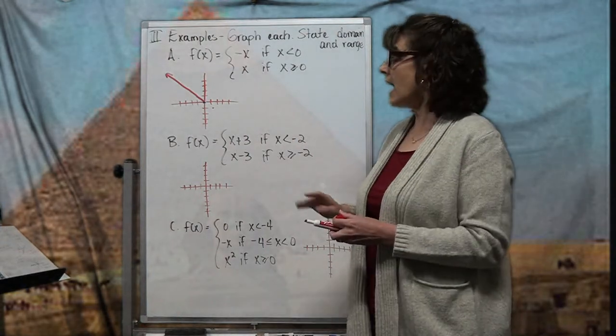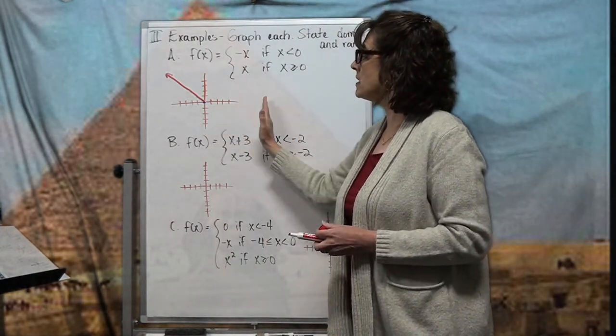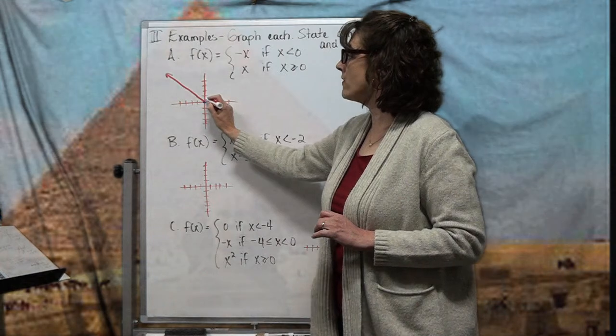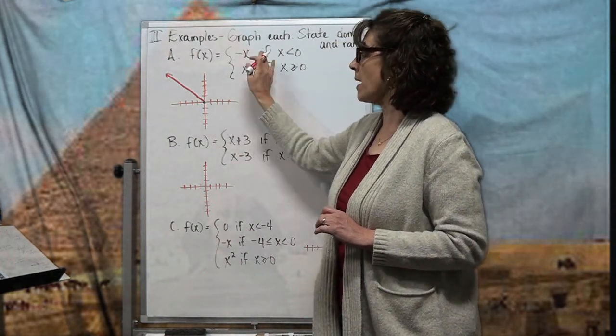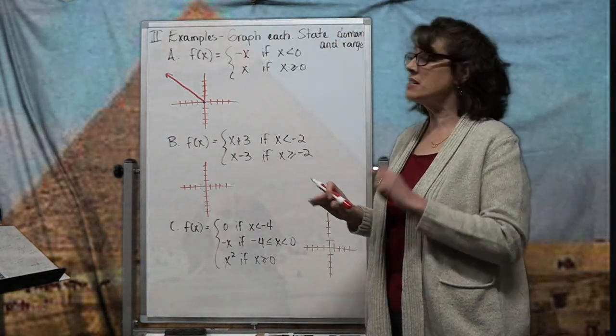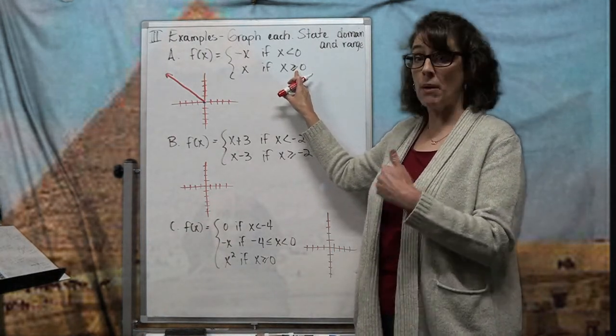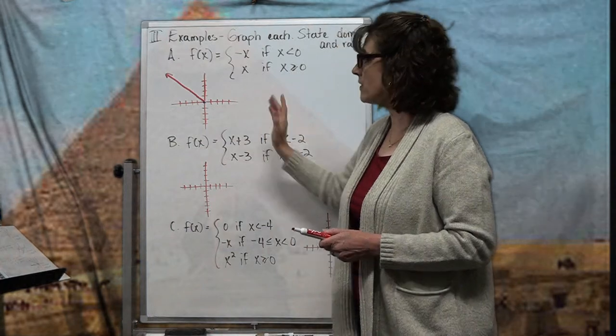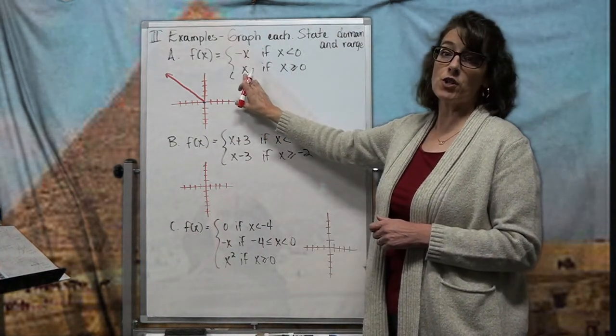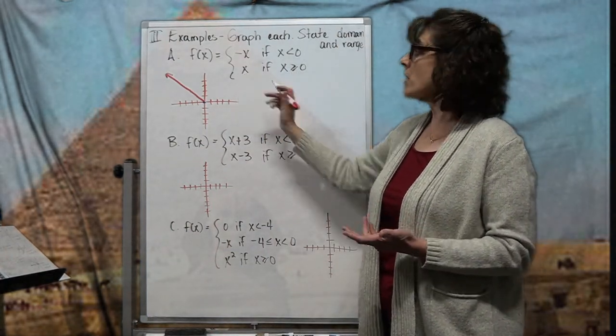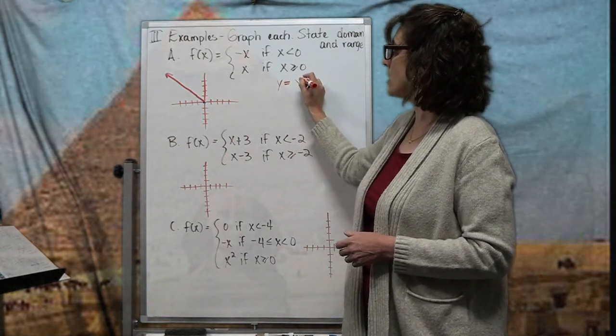Now, for the second half of the graph, technically I would have an open circle right here for that portion of the graph. However, it does pick up and says, okay, when x is 0, or anything above 0, that's going to be the positive end over here, then my graph would be this function right here, just simply an x. So that would be kind of like saying y equals x.